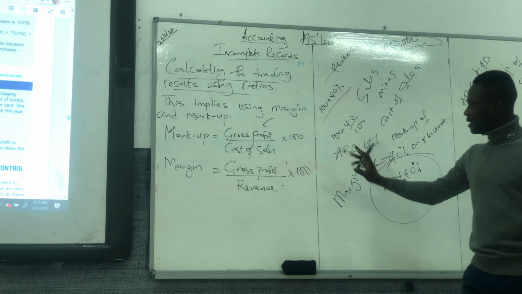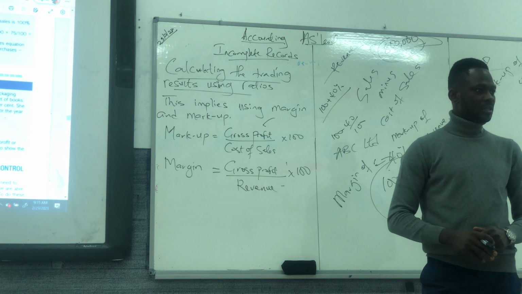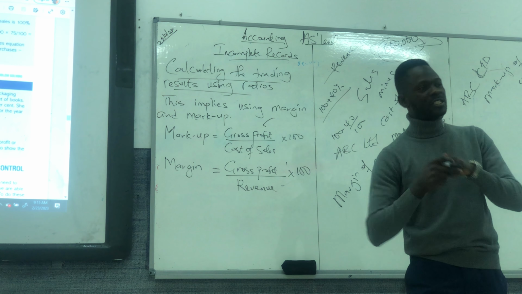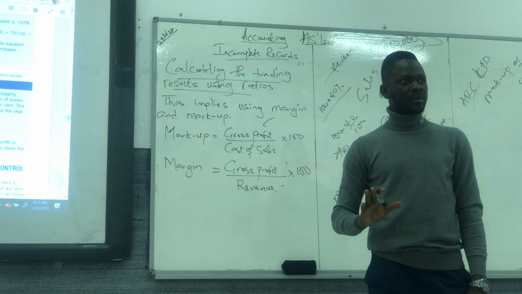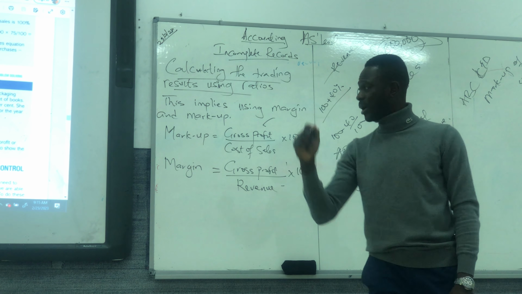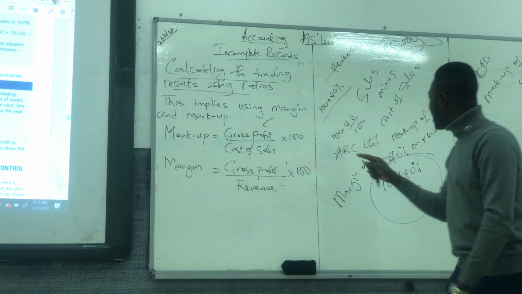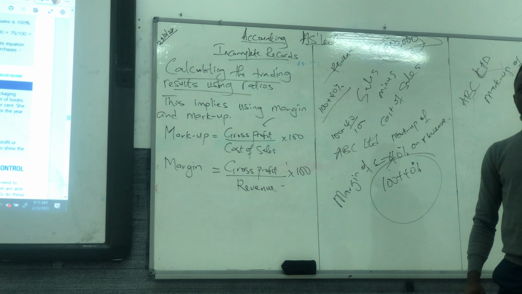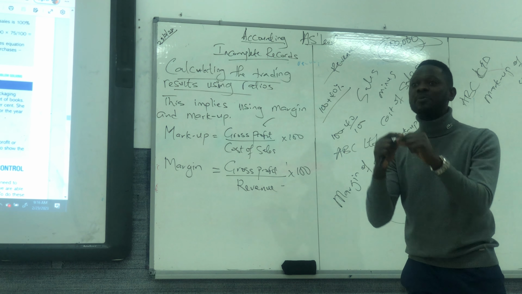We are predicting, estimating, speculating that our revenue will increase by 40% next year. That is markup. That means whenever we base our gross profit, our cost of sales, and the revenue on 140, our gross profit will increase by 40%, and our revenue will be 100%.